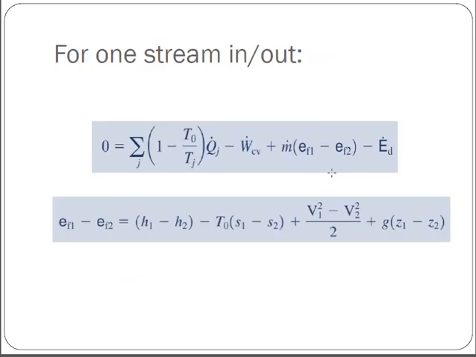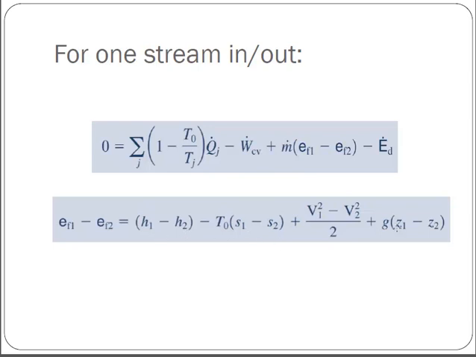Most times, we only have one stream in and out, so I can look at it a little bit simpler in this form. And so I can see that if I wanted to solve for exergy destruction, the rate of exergy destruction is equal to these terms here. Now, if I look at the exergy change from the inlet to the outlet of a process, all of those enthalpies and entropies of the dead state will subtract away.